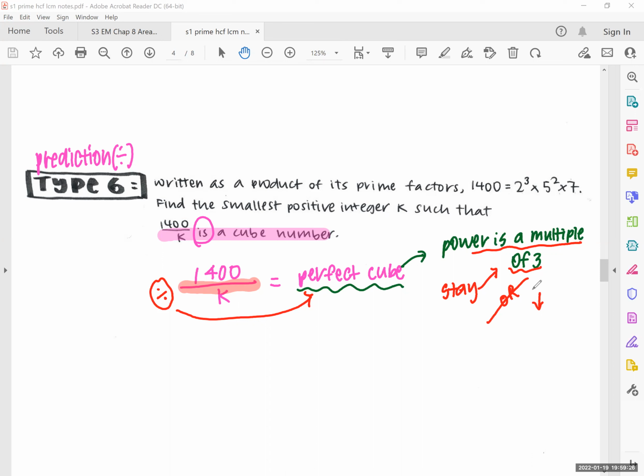Now, this is the part that a lot of students always get confused. Can you tell me what are the multiples of 3 that you all know offhand? 9, 12, and so on, right? 15. Some students, if let's say the power is 3 to the power 2, then they ask, can I go down already? This is the lowest because here is 3. So do you think it can go any lower?